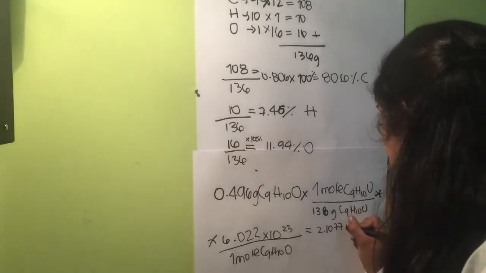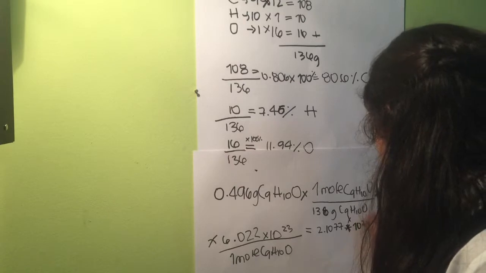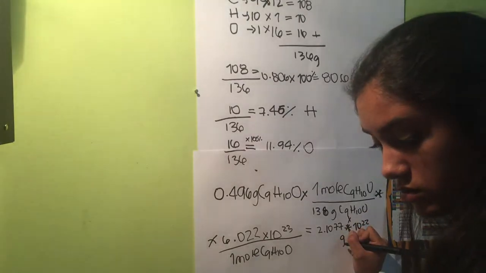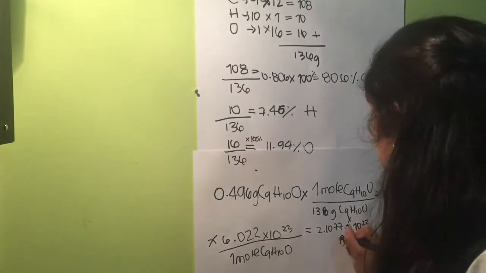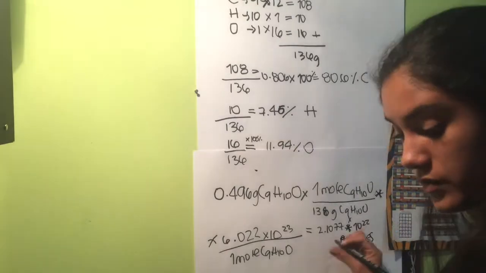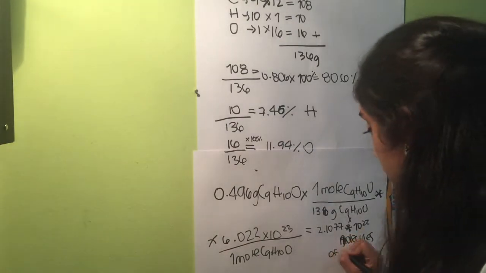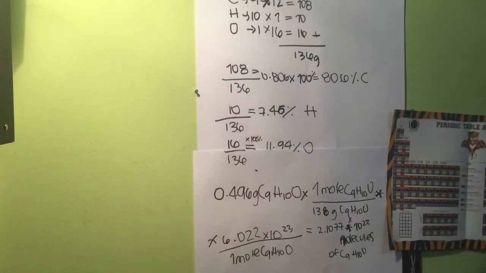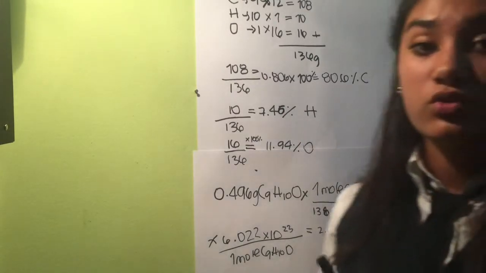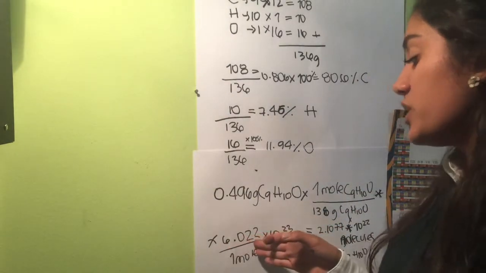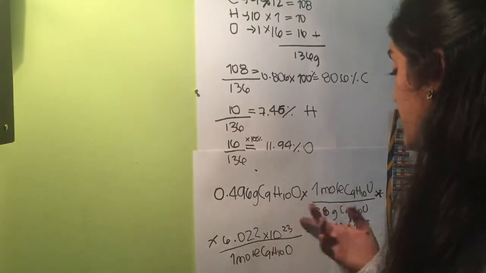times 10 to the 22 molecules. You always have to keep in mind that Avogadro's number is 6.022 times 10 to the 23rd.